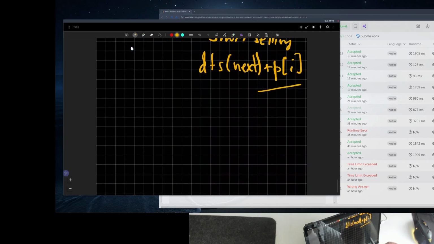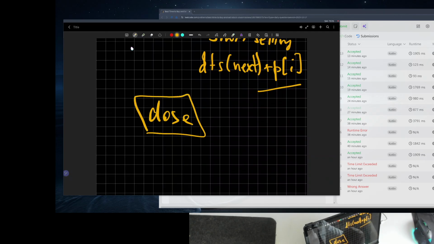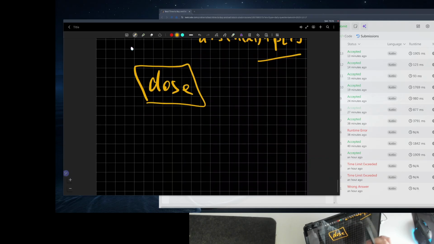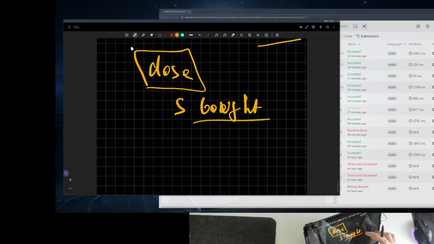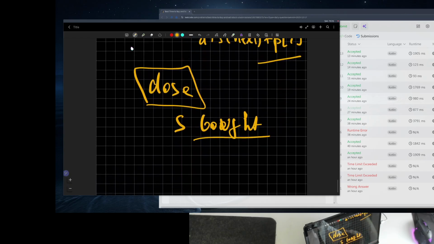But if we choose to close the deal on that day, you have to check your state. If you bought the stock, you have to sell it back. So you're doing profit plus DFS next.